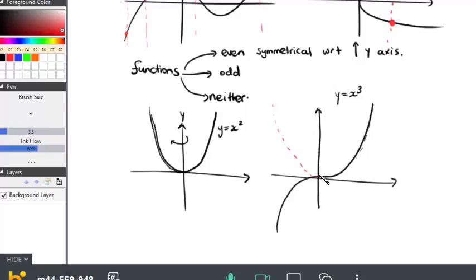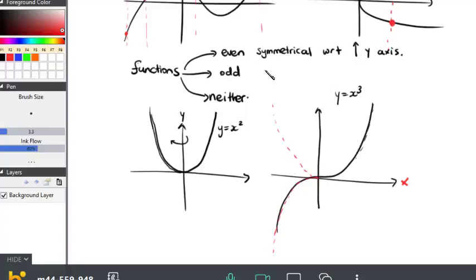Can you guys still see me through the webcam? I'm using gestures. So you reflect the right hand side onto the left hand side, and if this reflected bit is also reflected against the x-axis, then it would coincide with this bit here. If it has that sort of property, then that's called an odd function, okay?